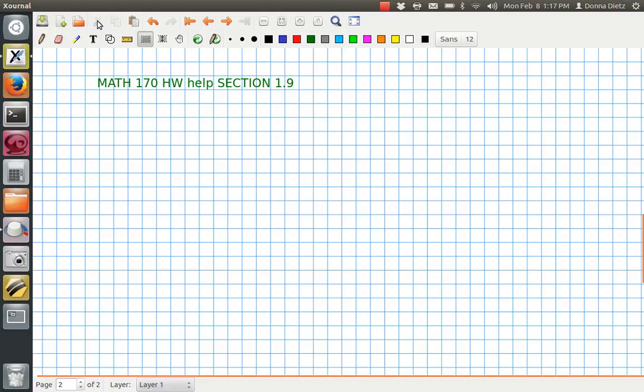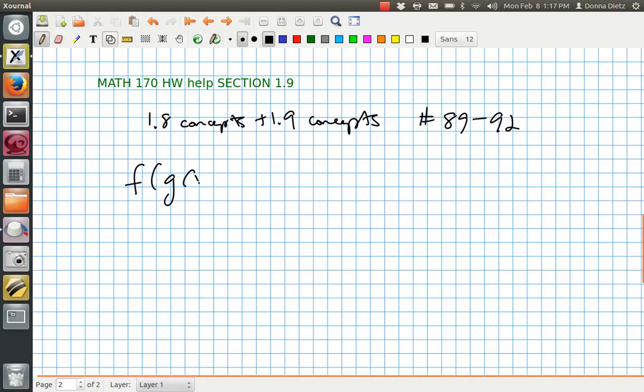Composition with inverse functions. So this is combining your concepts from section 1.8. This is number 89 through 92. So some facts. Notice that f of g of x can be written as f composed with g.